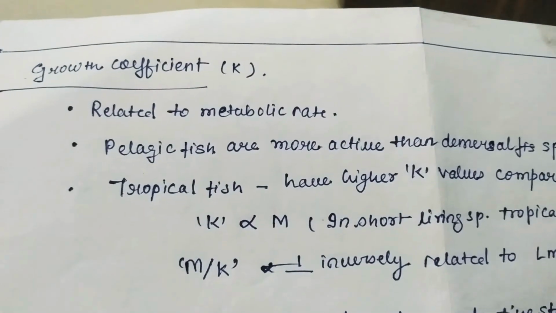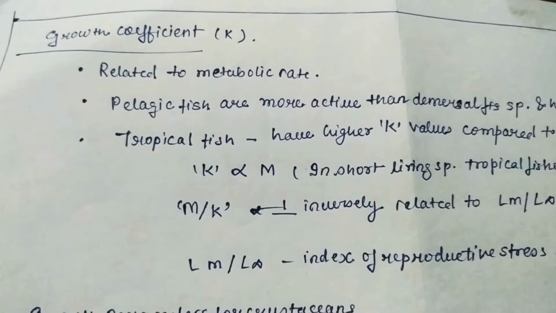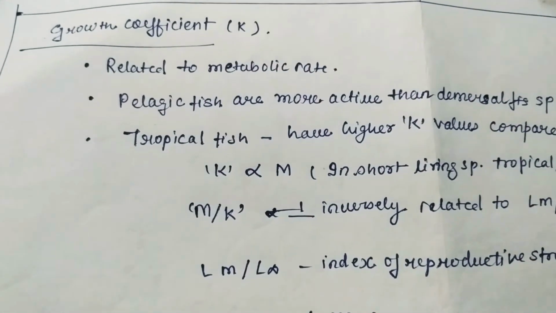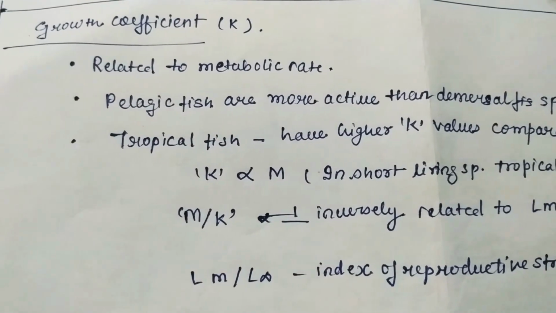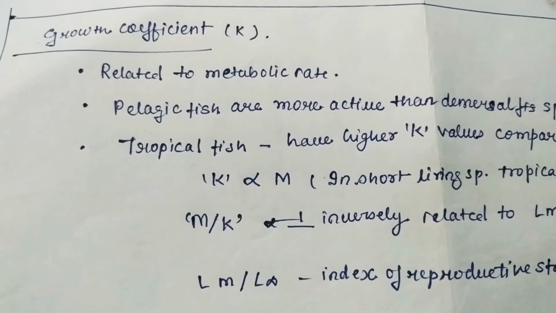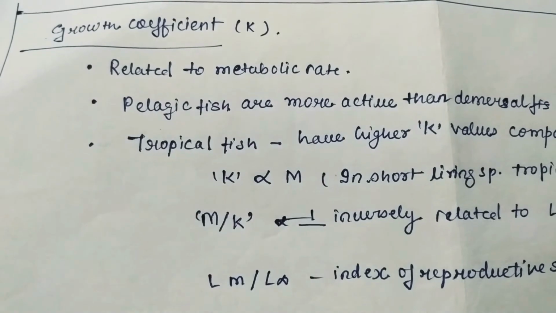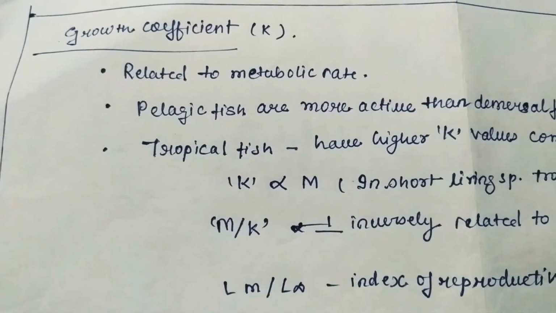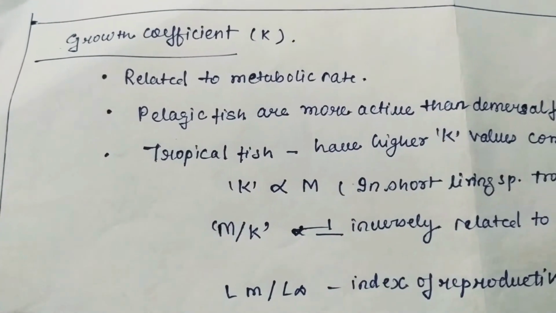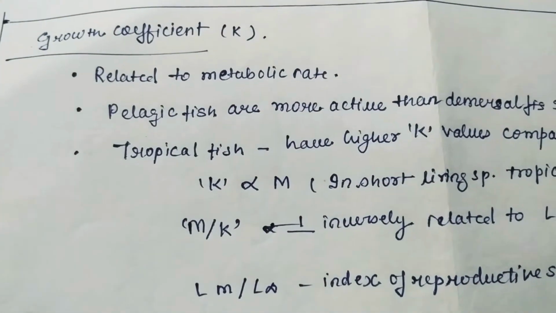Then we have to know the growth coefficient, which is denoted by K, and this is a very important part. We have seen that if the K value is small, then L infinity will be large, meaning the time by which the fish can grow to its maximum size, and this is related to the metabolic rate.